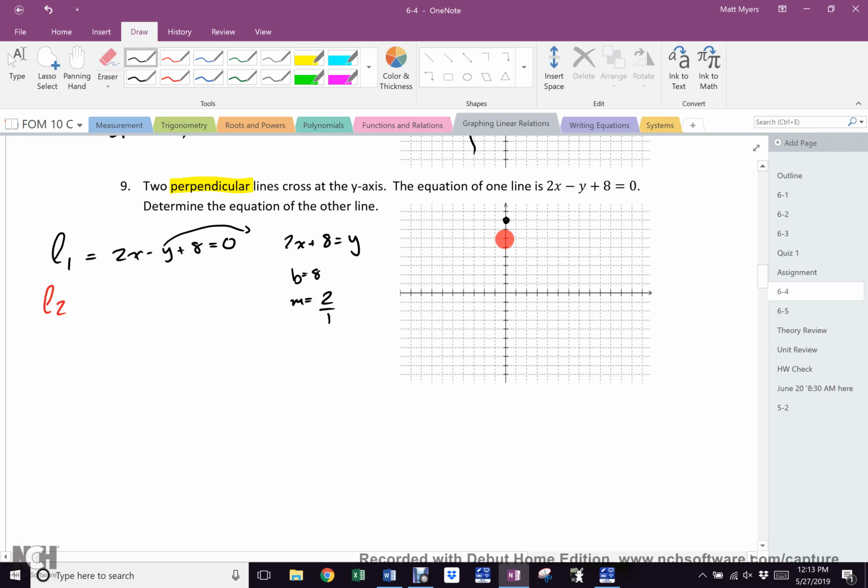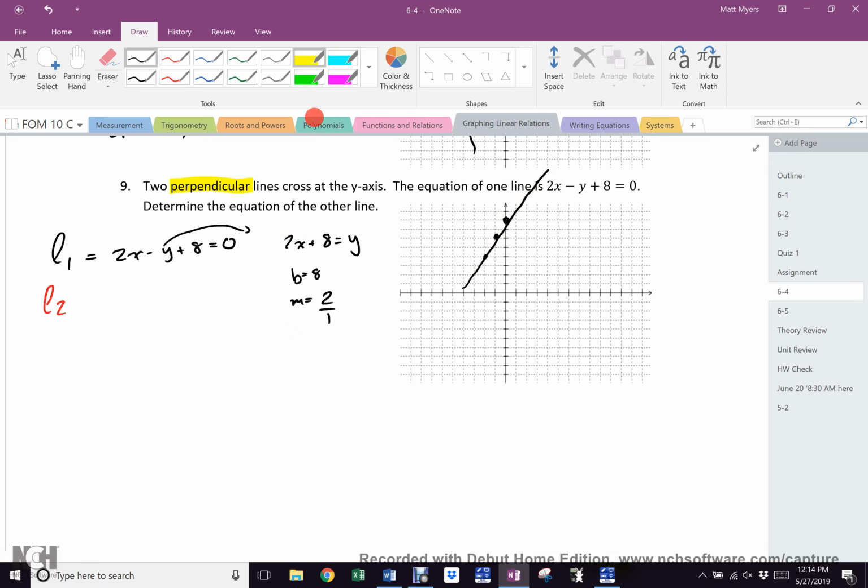No. So I'm going to go down 2 and left 1. And how long could I keep that pattern going? Forever. I'm going to do 3 because it's easier to connect three dots in a straight line. Everybody happy with that?